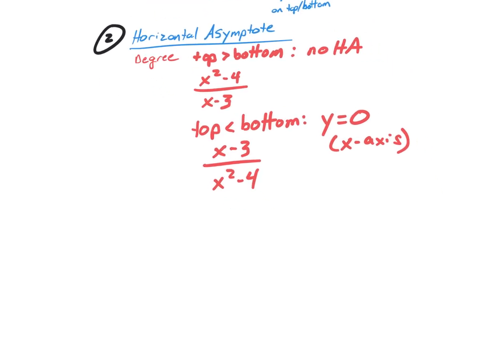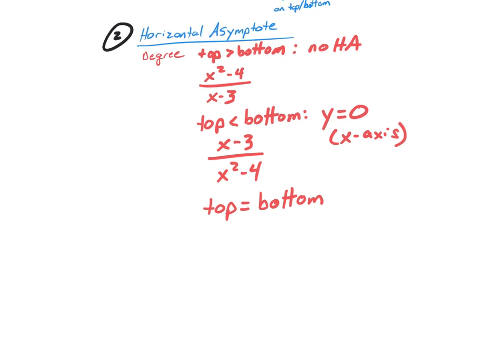And then the third, what happens if the top is equal to the bottom? So here the degree on top is 2, the degree on bottom is 2, so the degrees are the same on top and bottom.